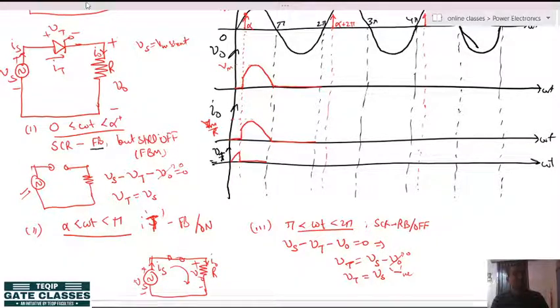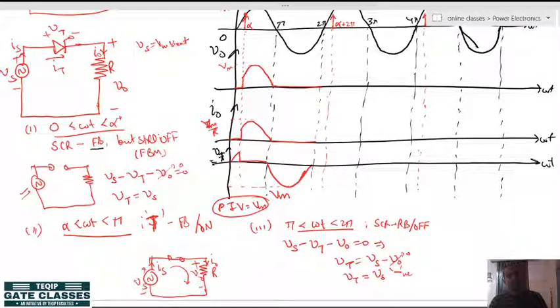We can see it is negative, minus Vm sin omega t. Hence, this minus Vm sin omega t full voltage will appear across the SCR like this, okay. So, what is the PIV rating of the SCR in this case? It is Vm, means you need a thyristor of PIV rating of Vm, okay.